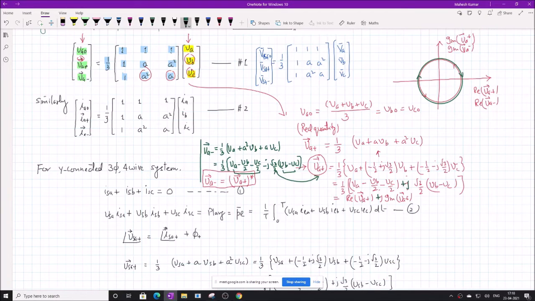If the voltages VA, VB, VC are not balanced, then the locus may look elliptical. For example, this may be of this type. In that case, the BA minus will go to this side, this type.